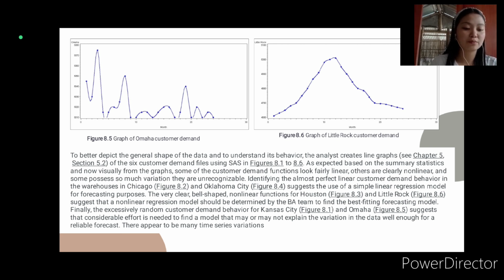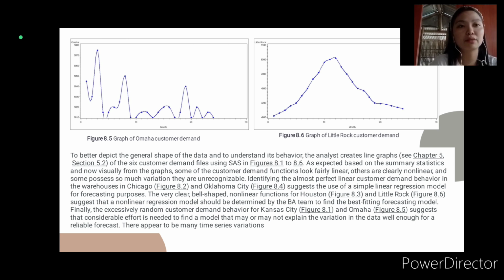According to the summary data and now to the graphs, ay ang ilan sa mga foundation ng demand ng consumer ay lumilitaw na medyo linear, ang ilan naman ay malinaw na hindi linear, at ang ilan naman ay napakaraming pagkakaiba-iba na mga ito ay hindi maintindihan, kagaya nung sa may graph ng 8.1 na Kansas City.